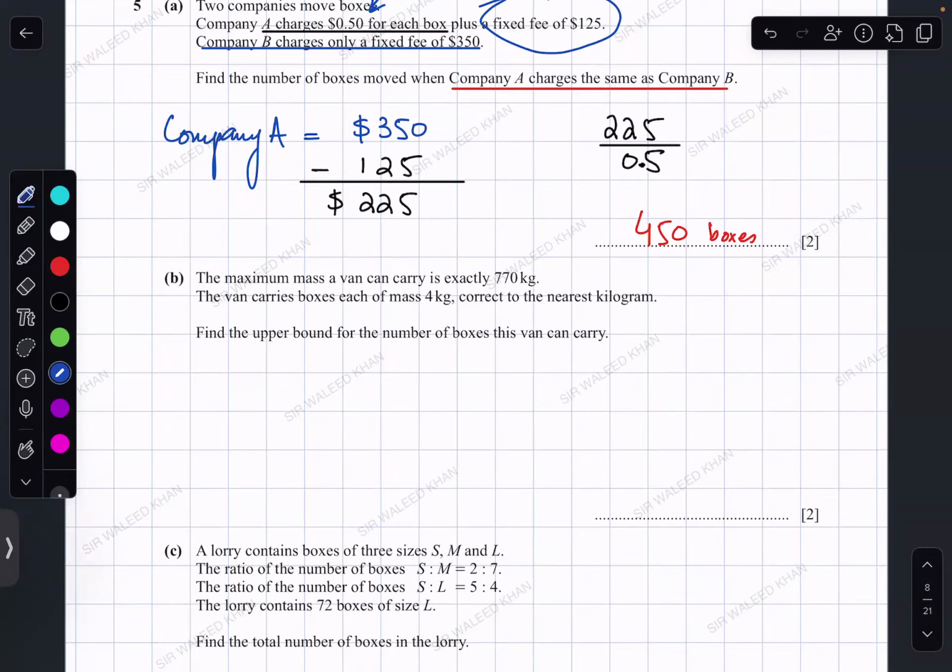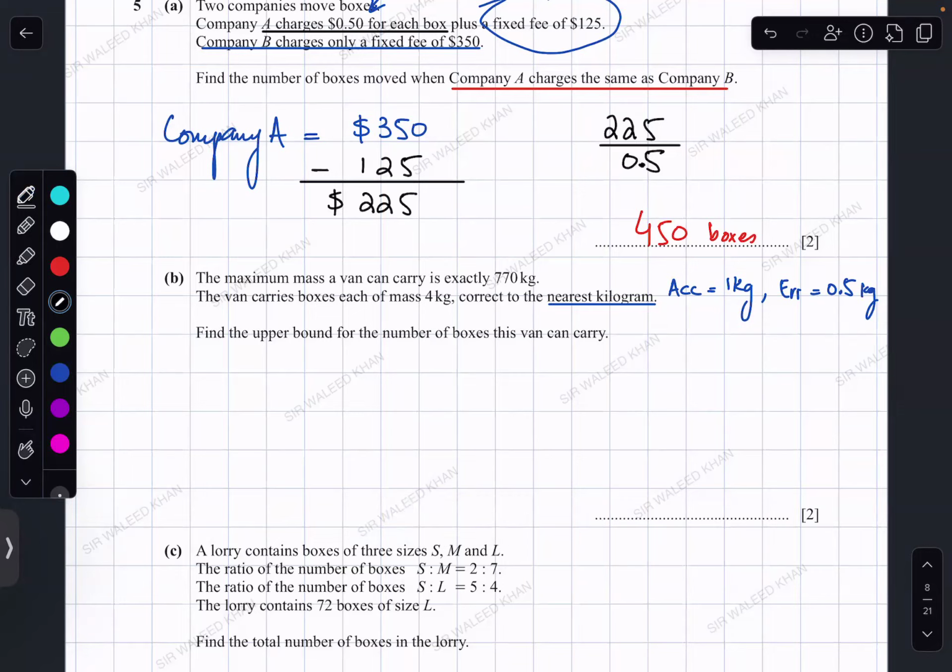So whenever they give you a value next to nearest, that is your accuracy. 1 kg, and the error will be 0.5, half of the accuracy. So they're saying, find the upper bound for the number of boxes this van can carry.